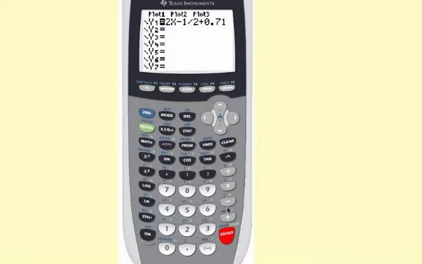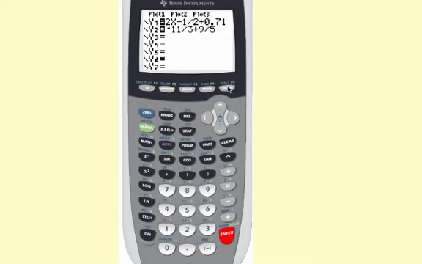This calculator knows order of operations, so I don't need to worry about parentheses. And then negative, this calculator you need a different symbol for negative versus subtract. Some you don't, so you just have to look and see what you're working with. 11 divided by 3 plus 9 divided by 5. Enter.